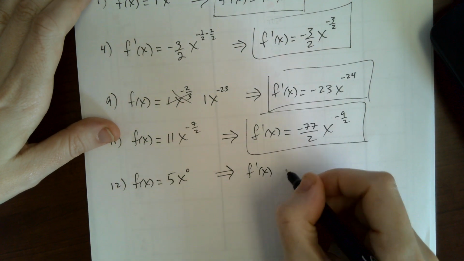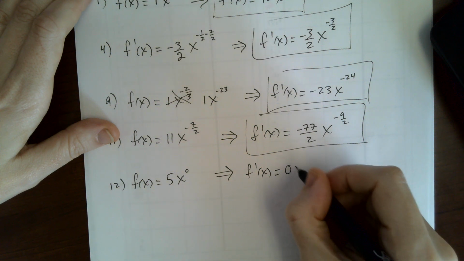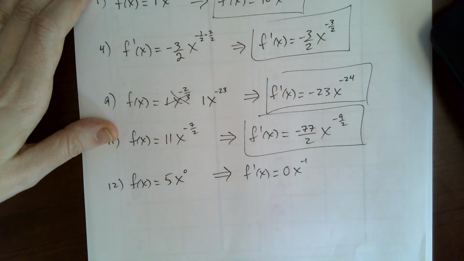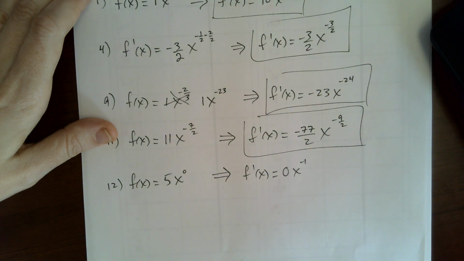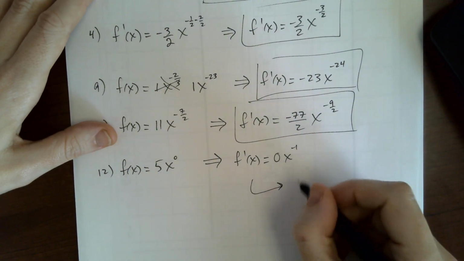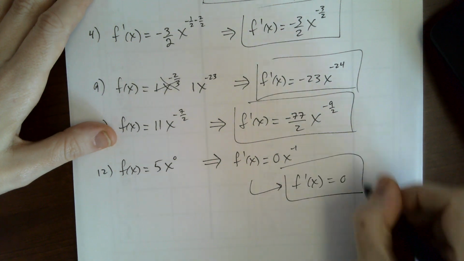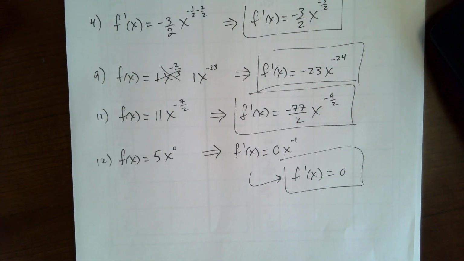So f prime of x is equal to 5 times 0 is 0. So 0x to the negative 1, because 0 minus 1. But guys, this is just 0. And in the future, this will be really fast. If you see a constant, you'll just know that its derivative is 0. Okay, and now we just have one more.